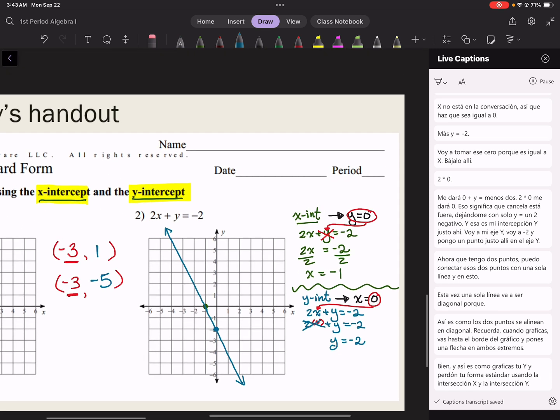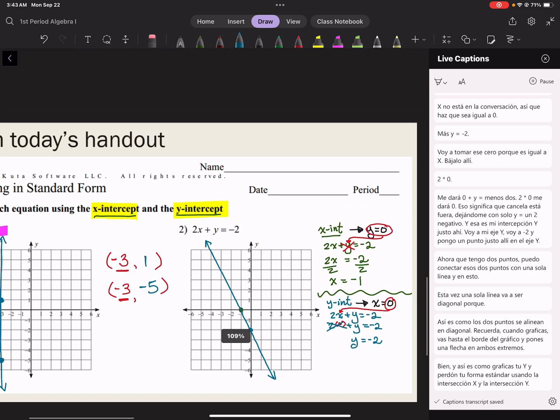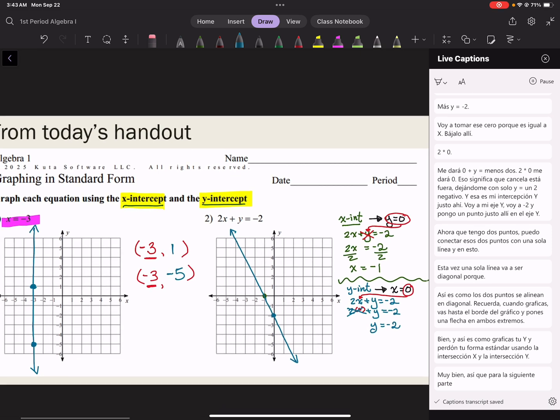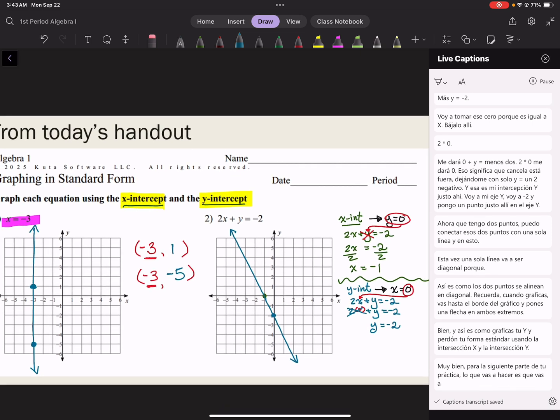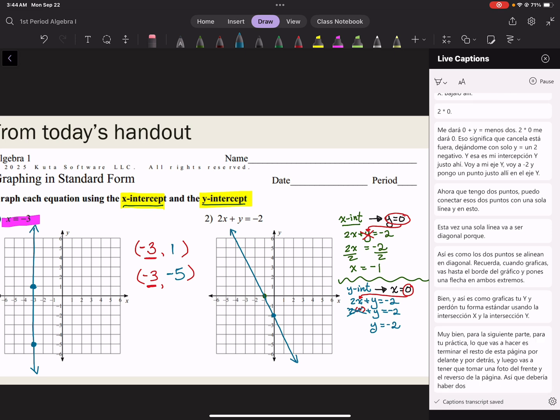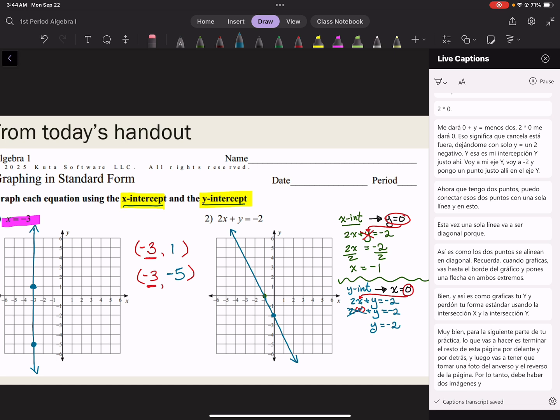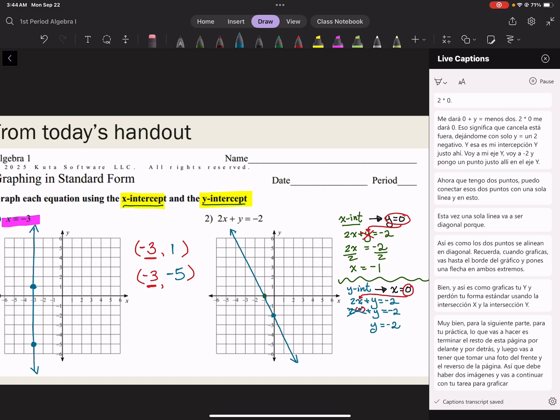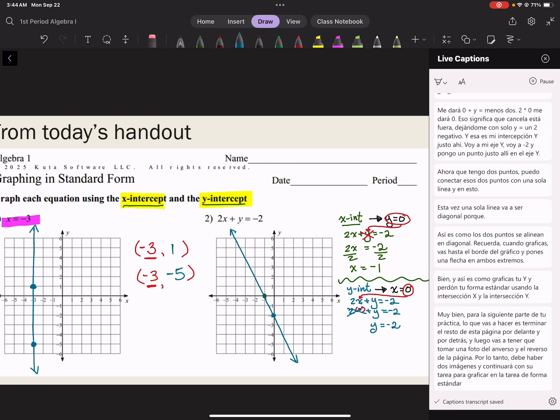All right, so for the next part, for your practice, you're going to finish the rest of this page, front and back. And then you're going to have to take a picture of the front and the back of the page. So there should be 2 pictures. And you're going to go on to your graphing in standard form assignment and upload those into the 2 questions.